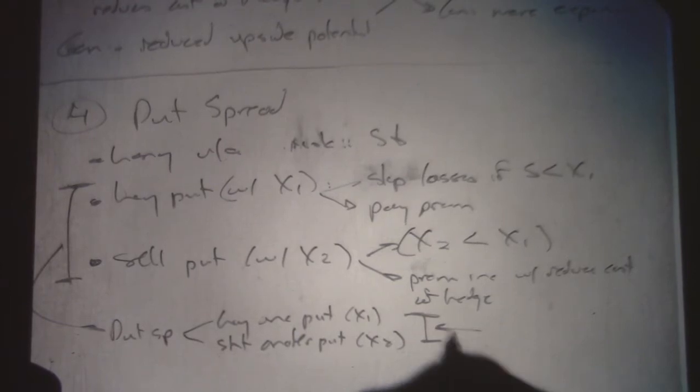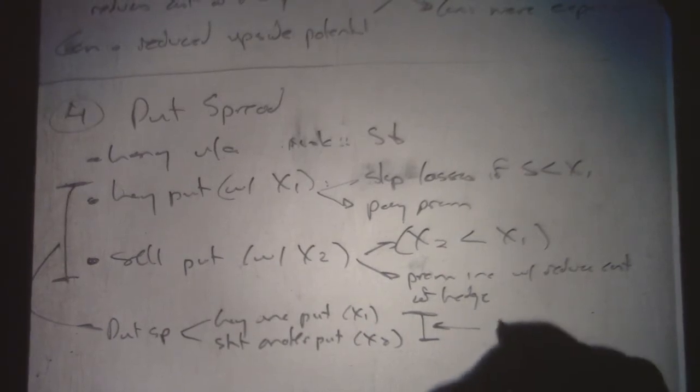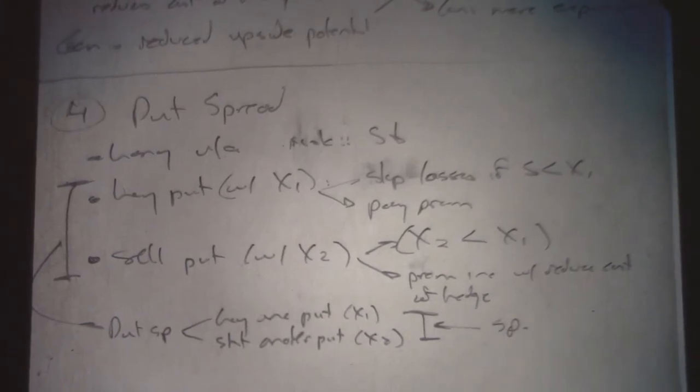So where do you think the name spread came from? It's the difference between X1 and X2, right? So that's your spread. That's where the name comes from. It's got to come from somewhere, right? Okay.